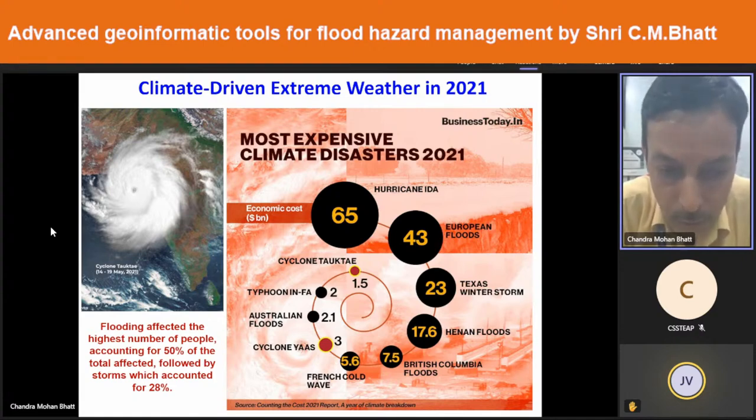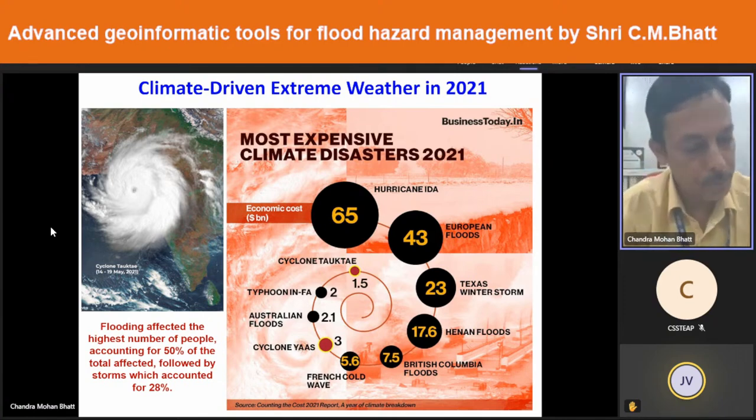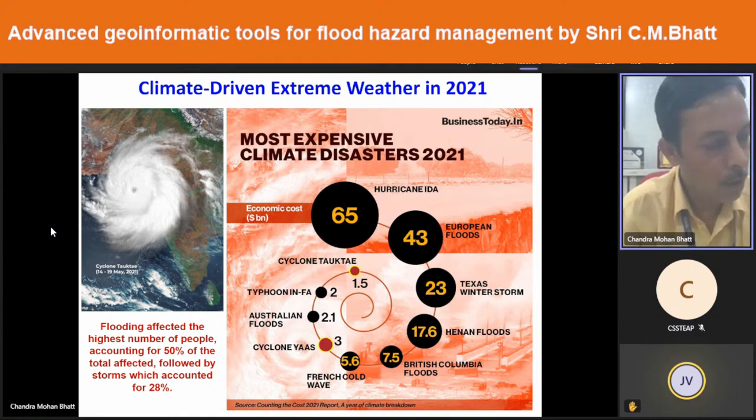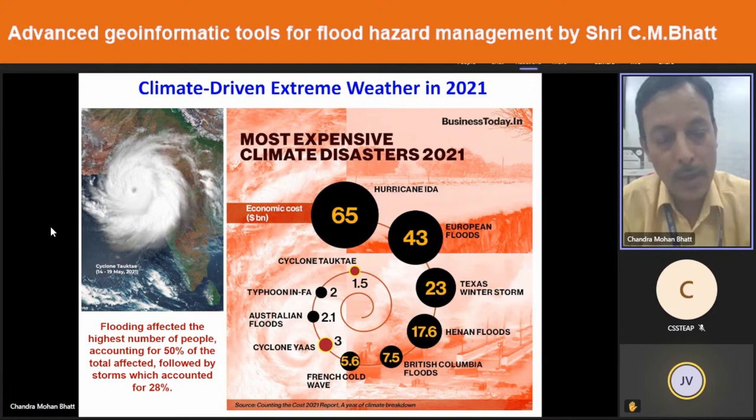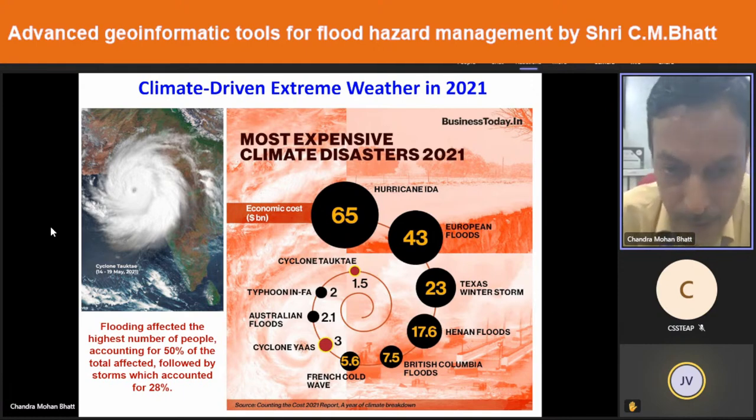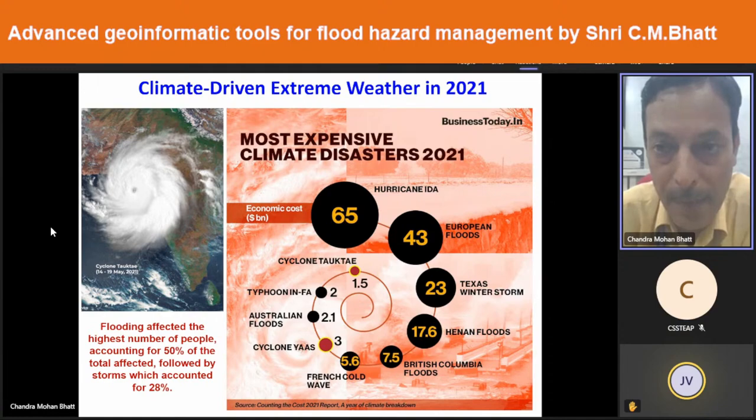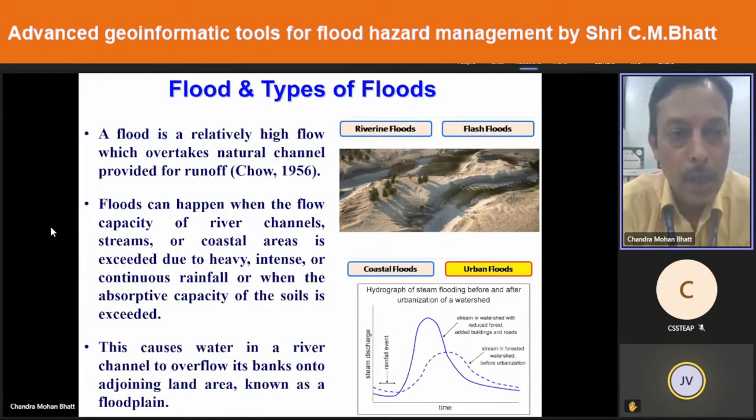So 50% of the people were affected by the floods. Floods are a cause of economic damages, as well as the loss of lives, and of more people getting impacted by these kinds of disasters.